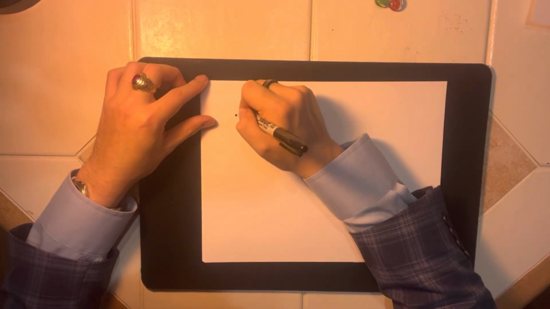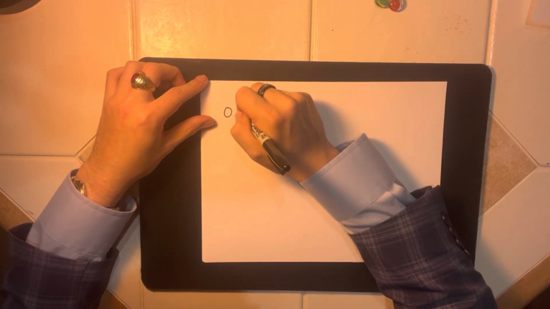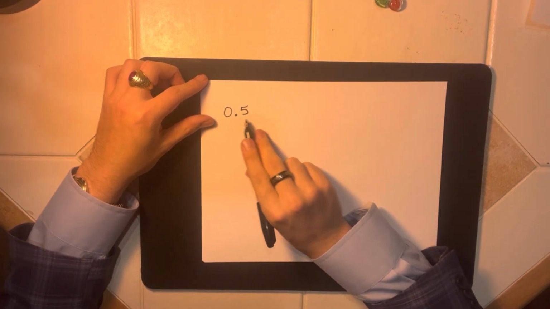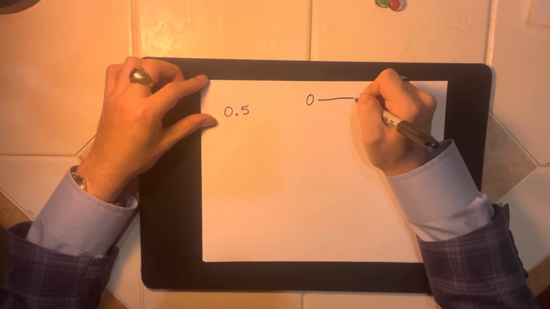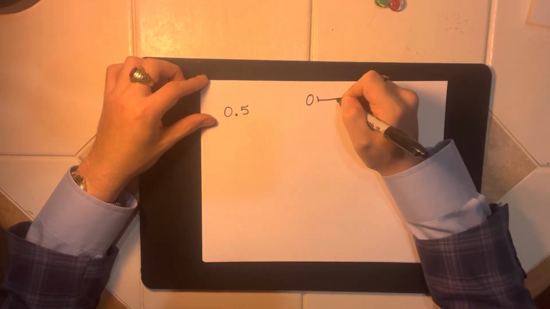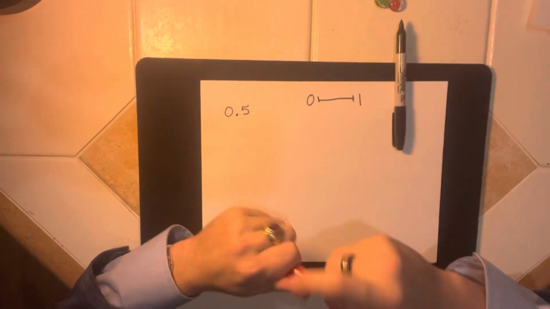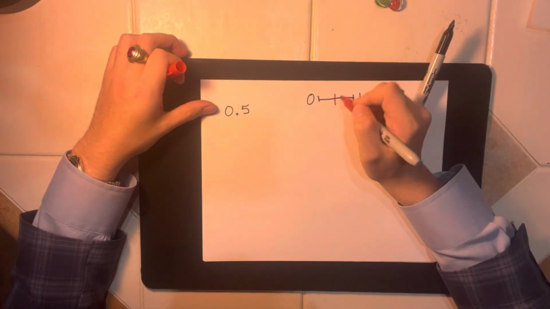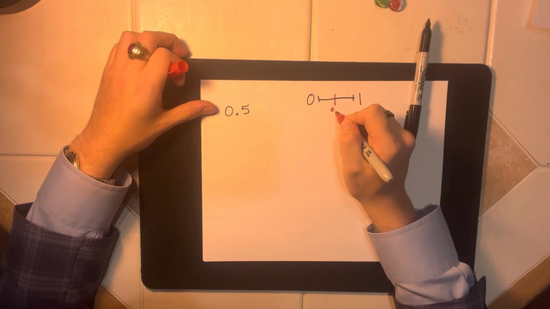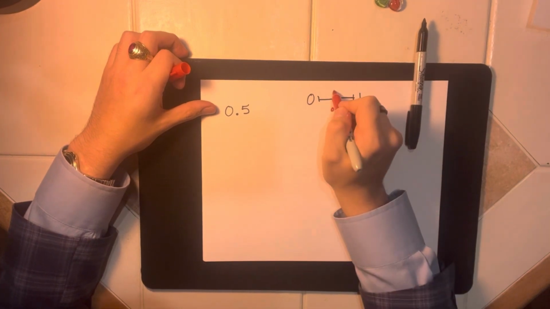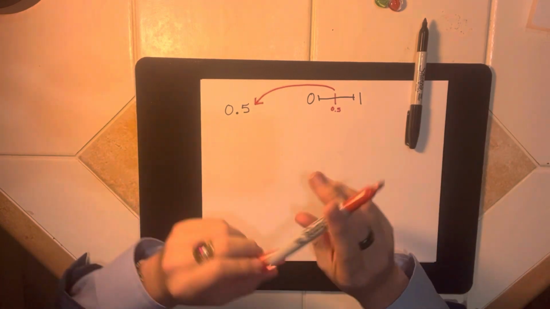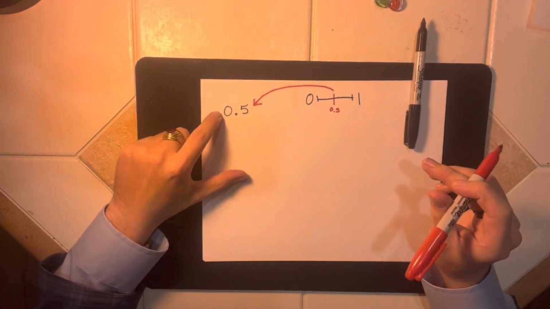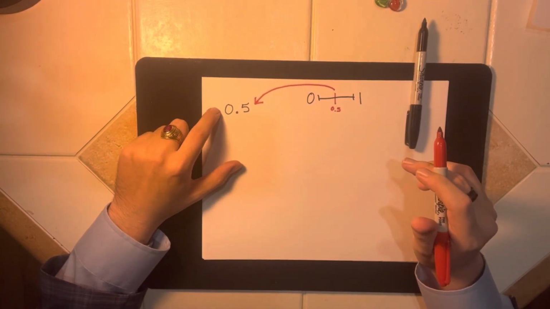Let's take 0.5 for instance. Now 0.5, that's important because it's right in between 0 and 1. So it's right here, 0.5, right in the middle. So 0.5, you can translate that into a fraction.